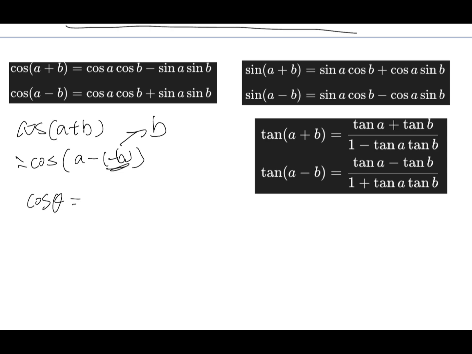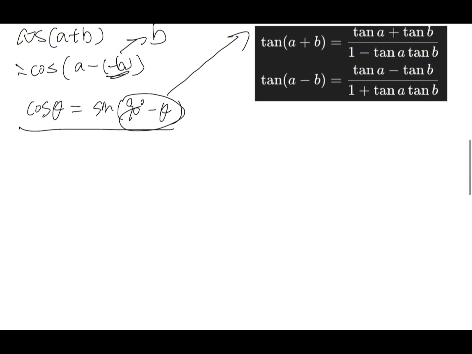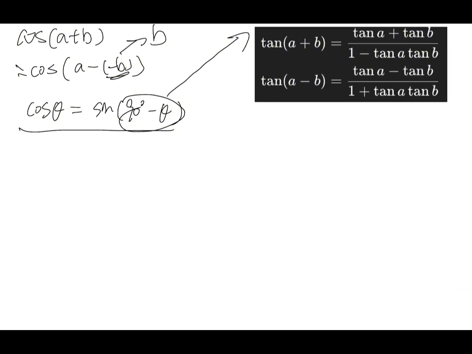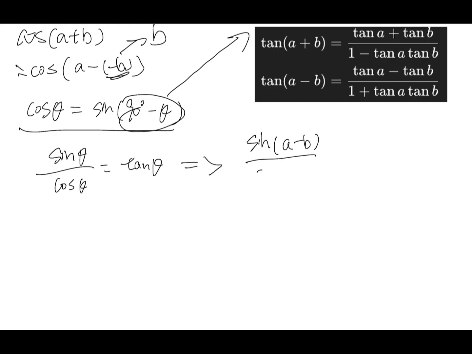Cosine theta equals sine 90 minus theta. You can use this and plug it into all of these. And similarly, for tangent, it's the most fun part, you can do sine theta over cosine theta just equals tangent theta. So similarly, sine A minus B over cosine A minus B just equals tangent A minus B.